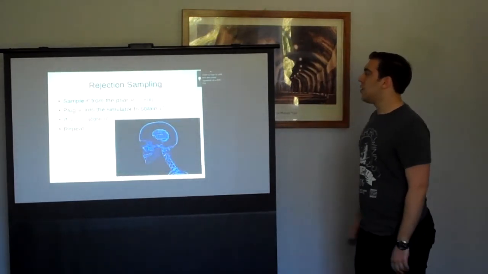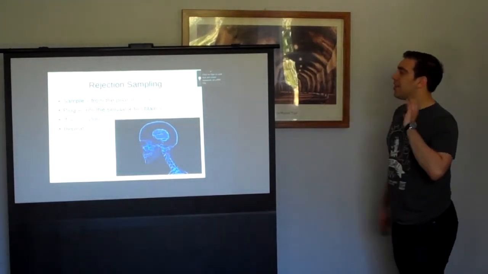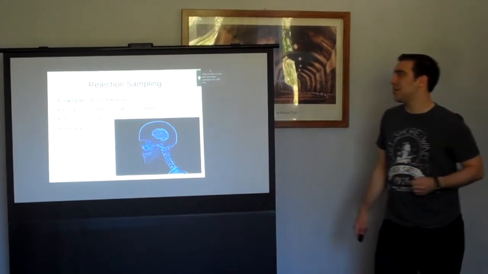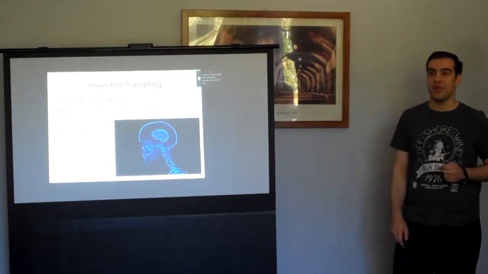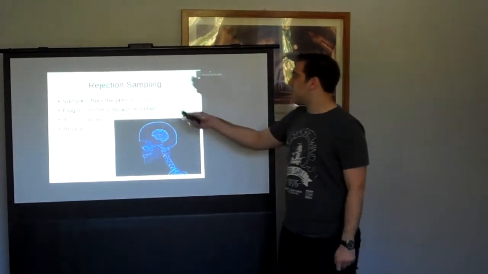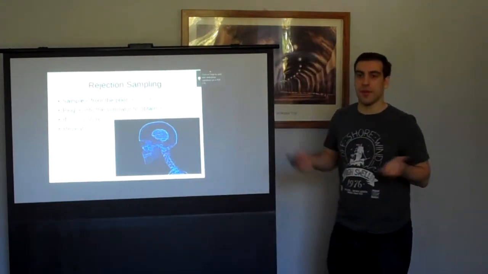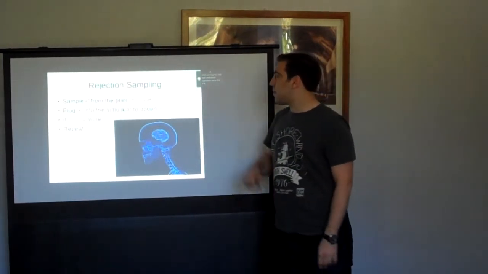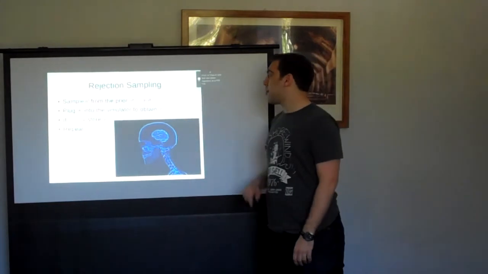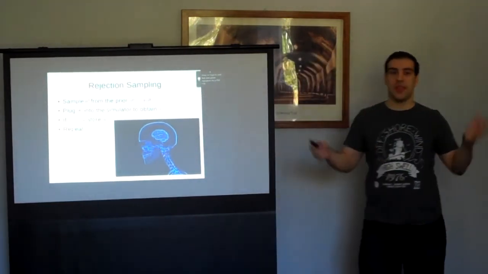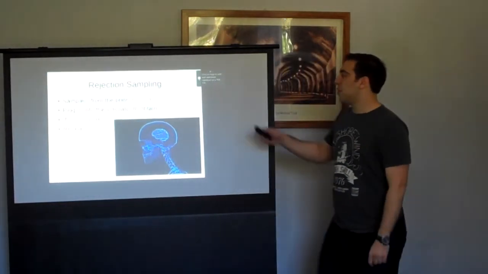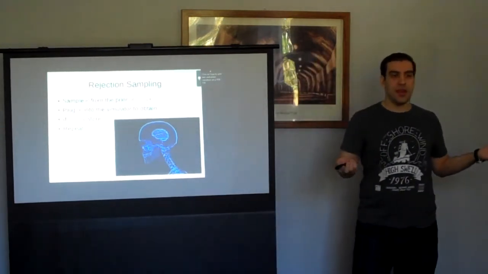This is the very simple version of Approximate Bayesian Computation, a rejection sampler. We specify a prior on our parameters first. We sample from that prior, plug it into the simulator, get the output from the simulator, and compare that output to our real data.